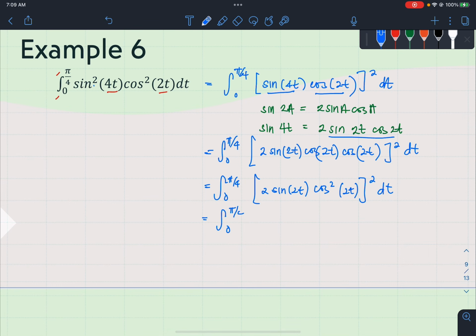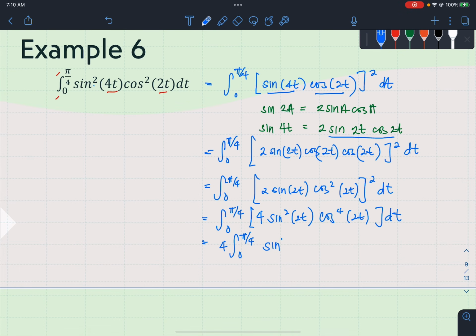Then we simplify that further. So 2 raised to 2 will be 4. So sine squared 2t. And cosine squared raised to 2 will become cosine to the 4th 2t dt. So we can move out the constant 4, from 0 to pi all over 4.